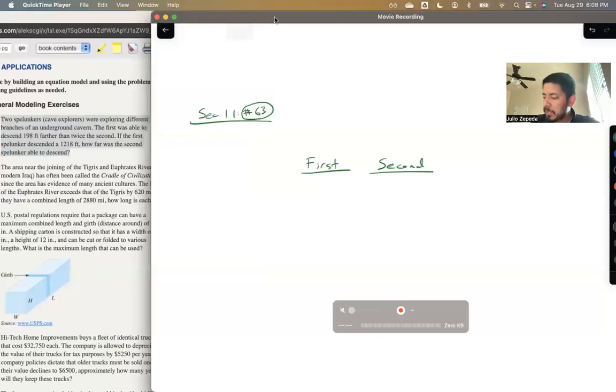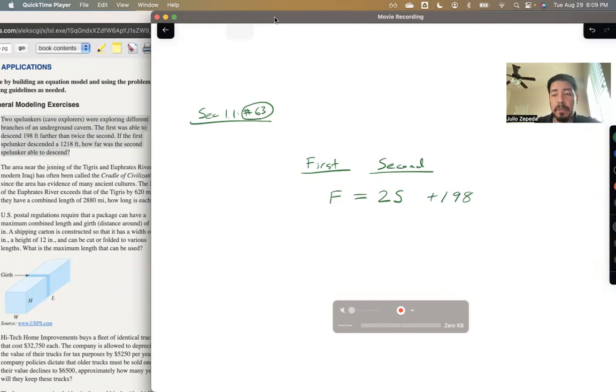So if we let S represent the distance that the second spelunker descended, then the first was able to go 198 feet more than twice what the second person did. So the distance that the first spelunker descended is equal to 198 feet more than twice the second.